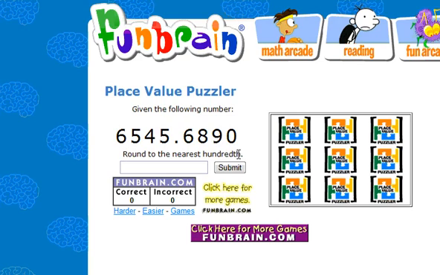When you see the TH, as it says here, round to the nearest hundredth, that will be after the decimal point. If you don't see that TH there and it just ends with 100, then that will be in front of the decimal point. Here we have to round to the nearest hundredth, which is right here. So we have to look at the place after, and it's 9. If this number right here is 5 or above, you round up.